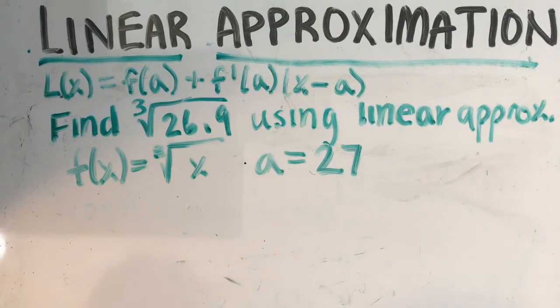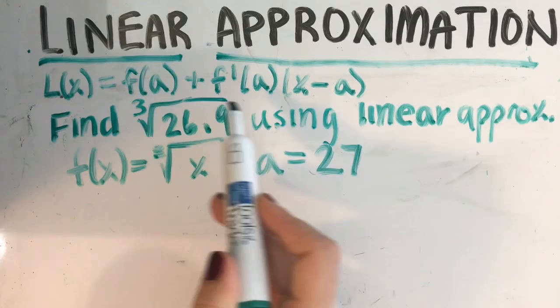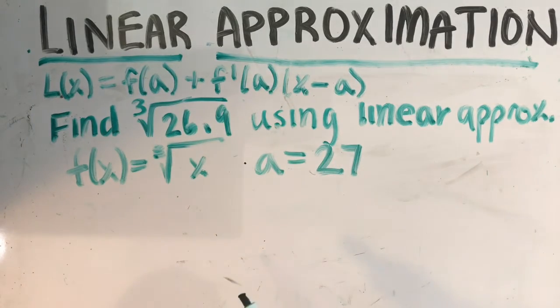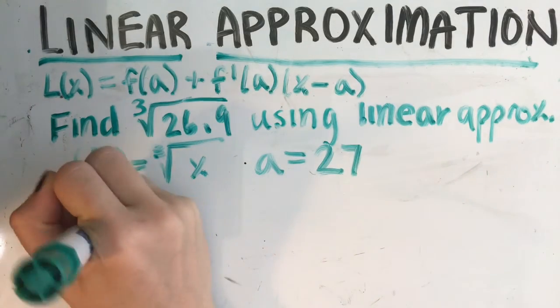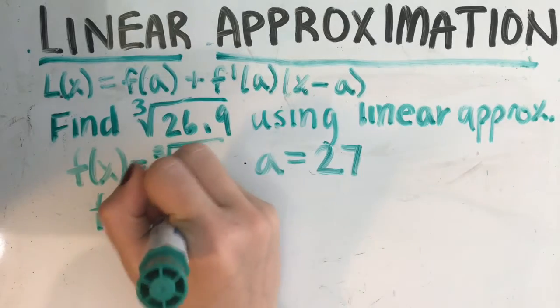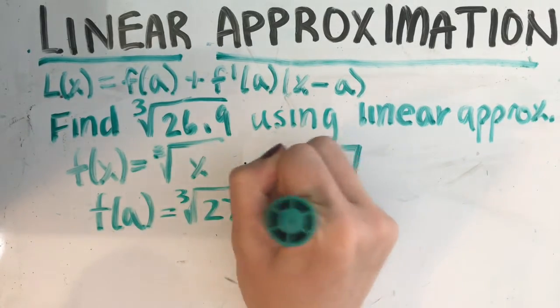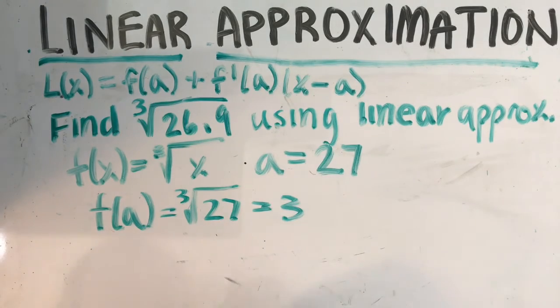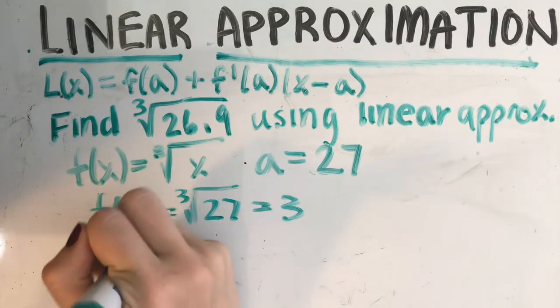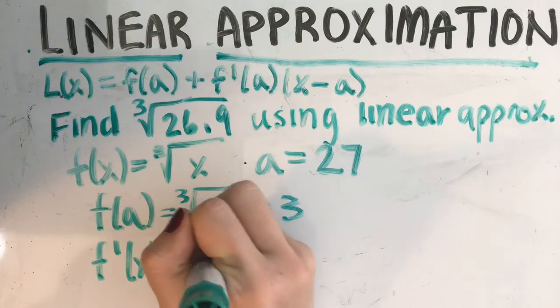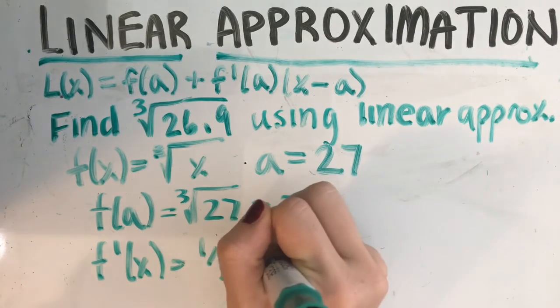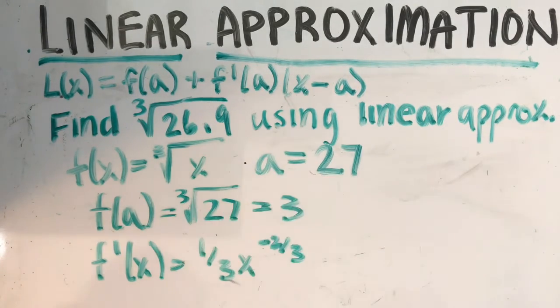So now we can begin by finding f of a and f prime of a to begin plugging into the equation. Here, f of a equals the cube root of 27, which would equal 3. Using the power rule, we can find that f prime of x equals 1/3 times x raised to the negative 2/3.